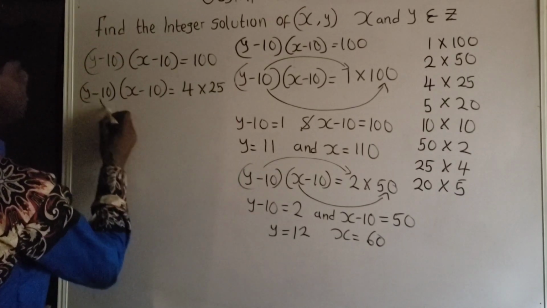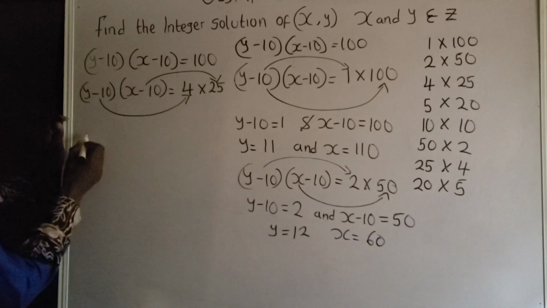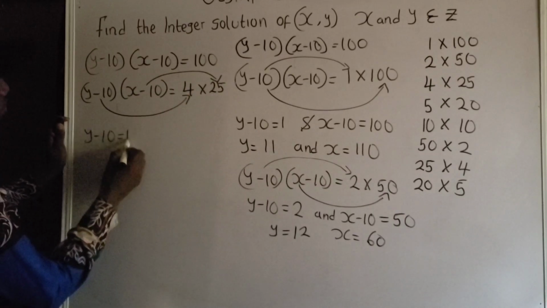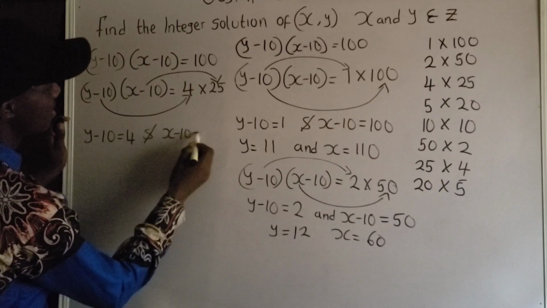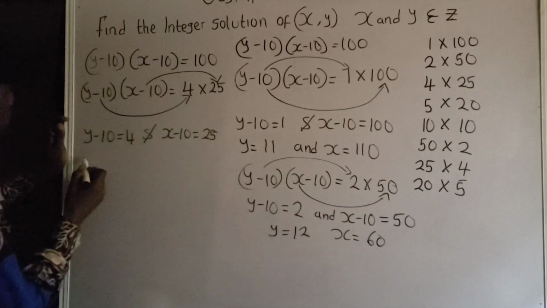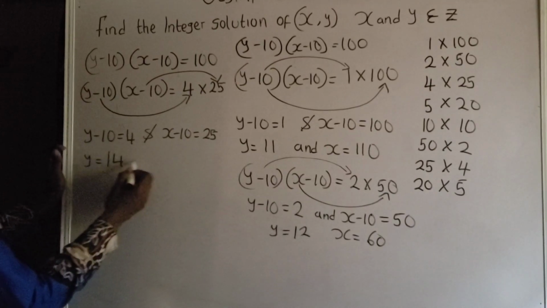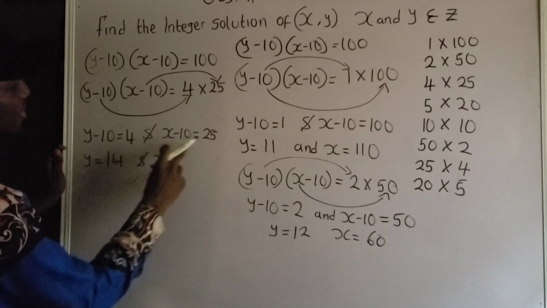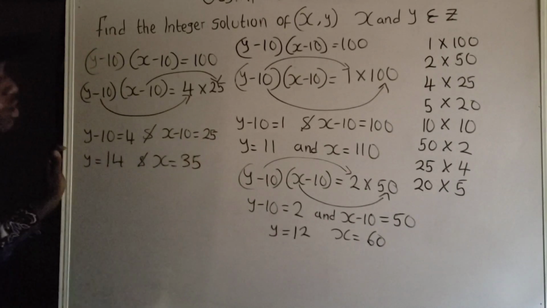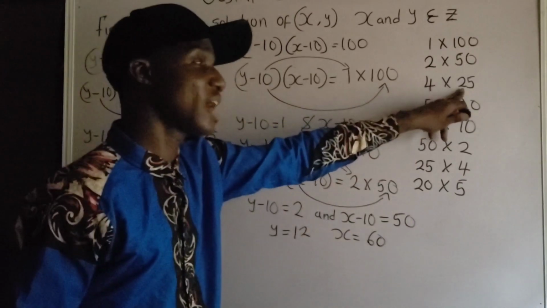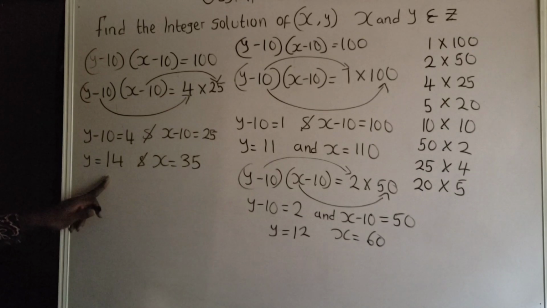So y minus 10 is equal to 4, and x minus 10 is equal to 25. So y is equal to 4 plus 10, that is 14, and x is equal to 25 plus 10, that is 35. So for the third expression, which is 4 multiplied by 25, the value of x and y is 35 and 14 respectively.